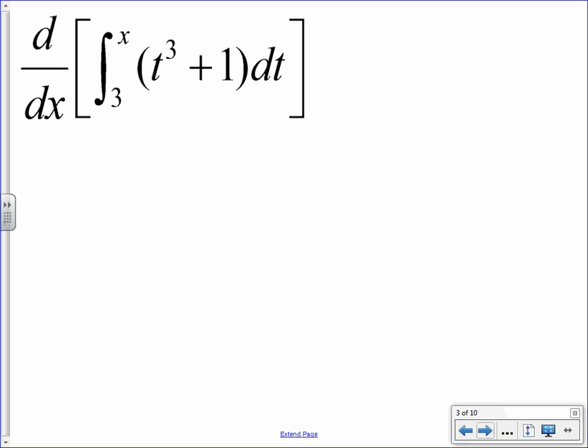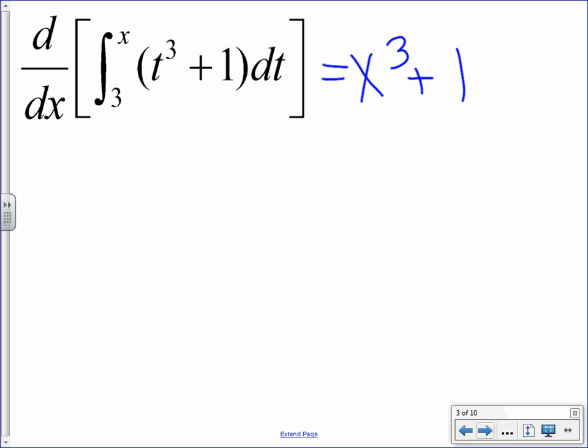The derivative of this accumulation function is what, Brady? The actual derivative would be 3t squared. Or what do you... The derivative of the antiderivative is what? The function. Is it just t squared? It needs to be x cubed plus 1.